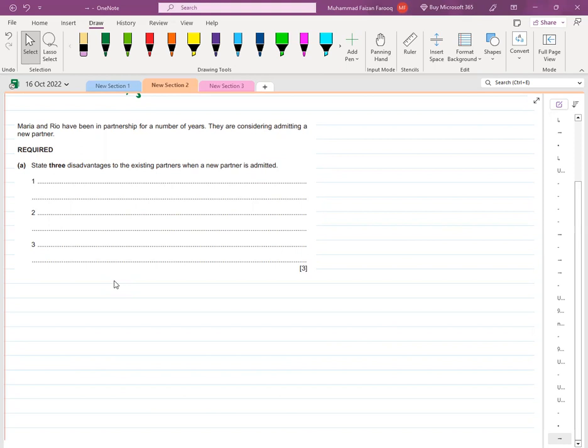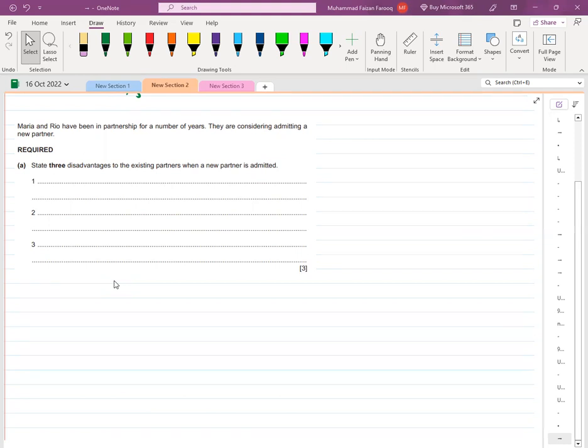I don't have to wait for any other person's agreement. But if we are in partnership, decision making will take time because all the partners must agree on a decision. Otherwise, there is a risk of disagreement which can delay the decisions.